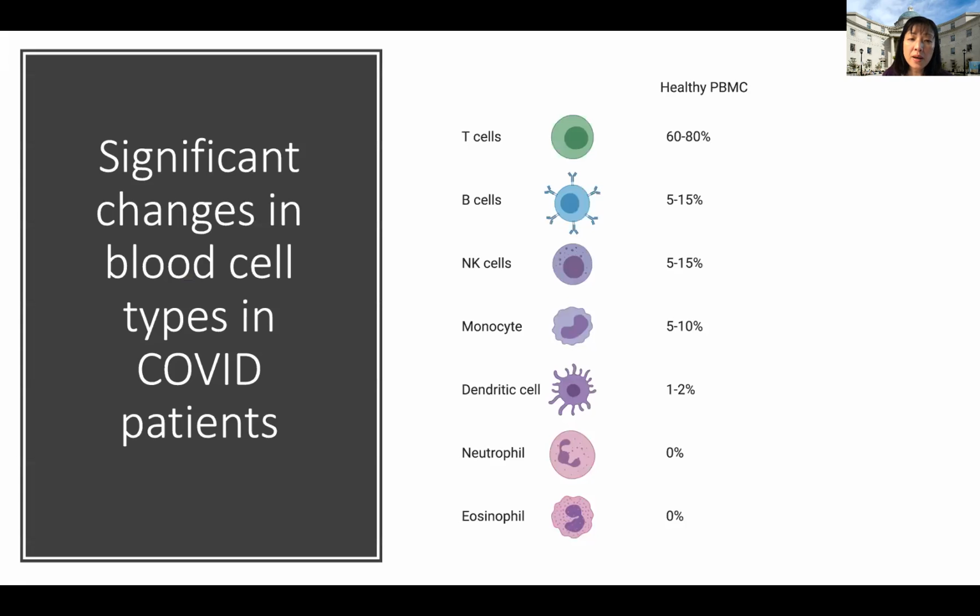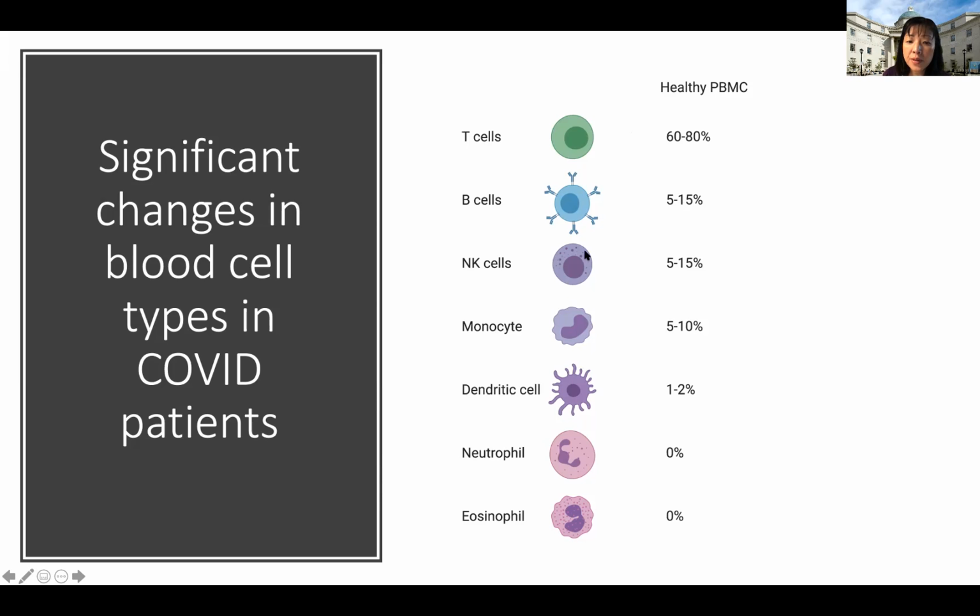So one of the things that we looked for is the change in composition of cell types that is found in the peripheral blood, where we isolate these mononuclear cells using a strategy that allows for enrichment of these types of cells here indicated. So if you look at the healthy PBMC, it's well known that the vast majority of those cells are T cells, which consist of both CD4 and CD8 T cells that make up 60 to 80% of PBMC.